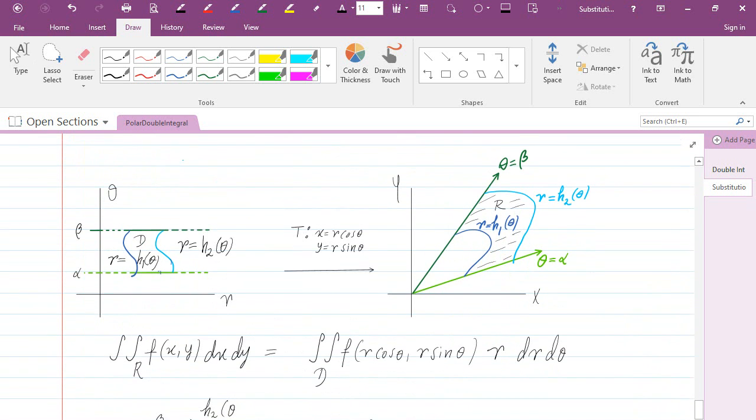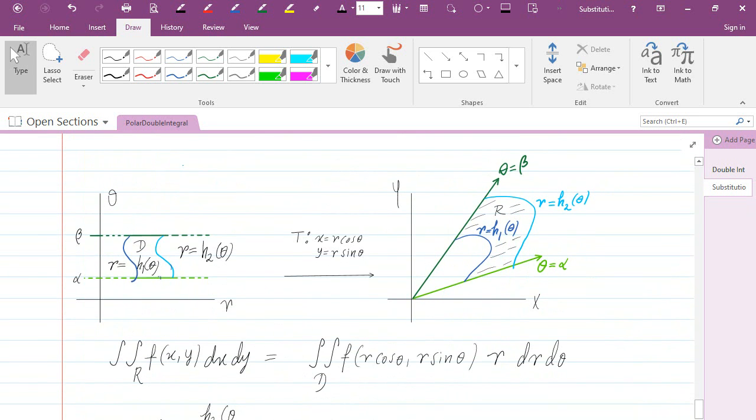So generally, let's say we have this region D in the r theta plane, where D is bounded by theta equal to alpha here and theta equal to beta here, and r equal to h2 of theta and r equal to h1 of theta.